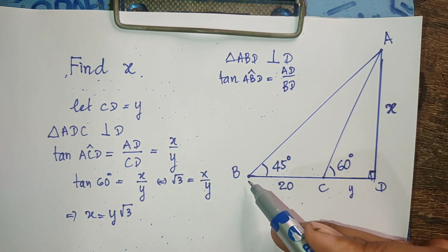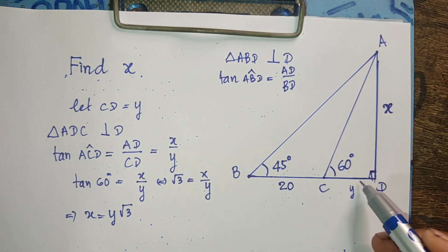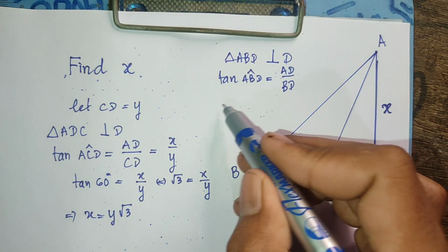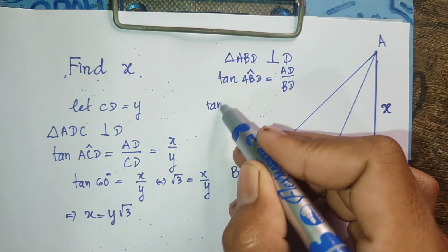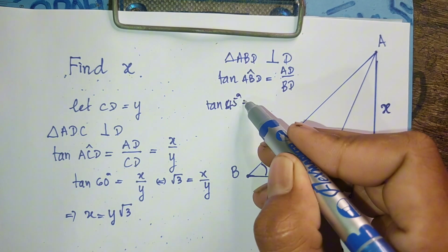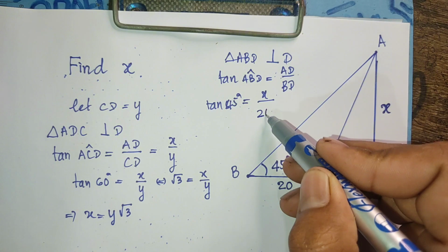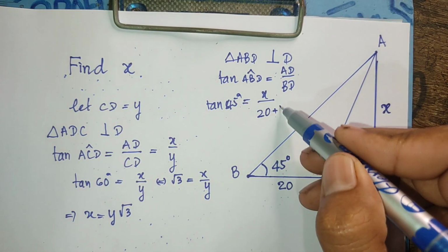So now BC plus CD equal BD. So tan 45 degrees is equal h divided by 20 plus y.